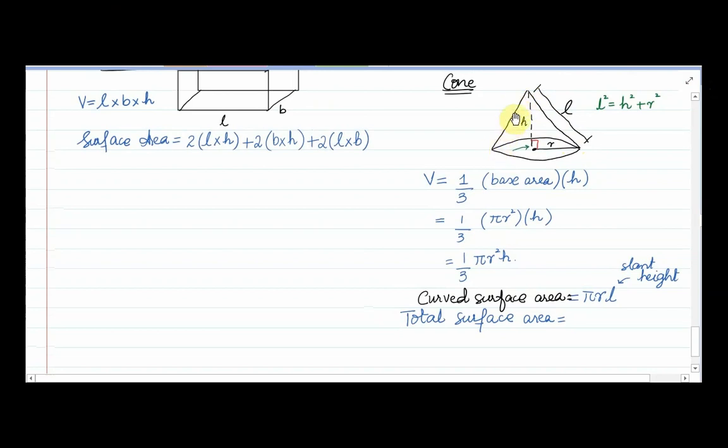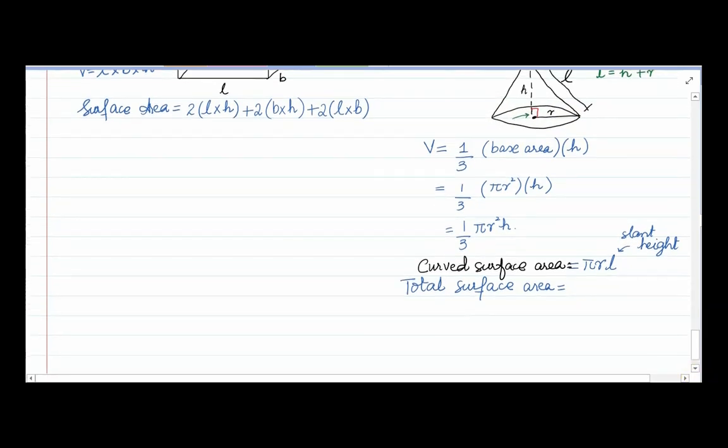So this part is basically curved surface area, and you can touch the bottom part as well. So the bottom is area of a circle. So the total surface area will be curved surface area plus area of base. Now the curved surface area is pi r l plus area of the base is pi r square.